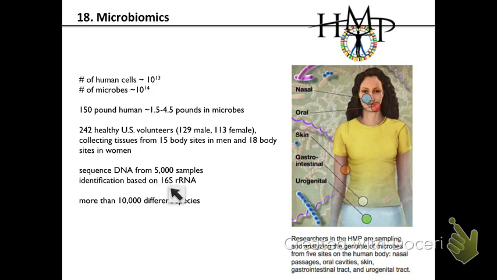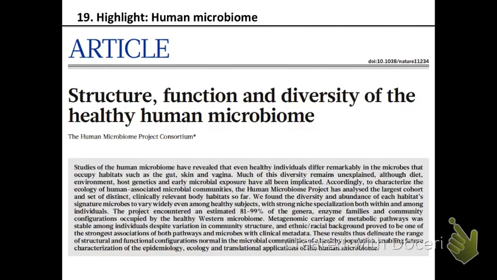Based on 16S rRNA, okay? And then what they found is there were more than 10,000 different species of bacteria that live in our body, okay? Some of the outcomes of this work were published here, essentially revealing what was found.